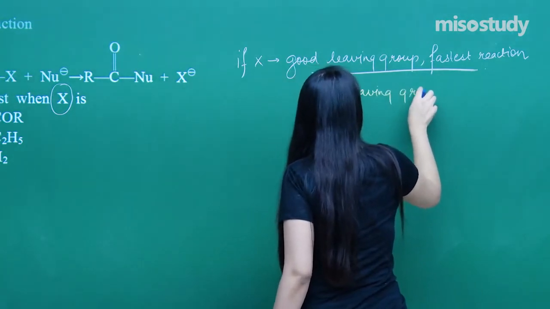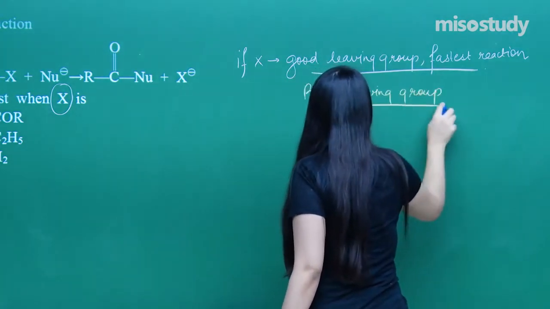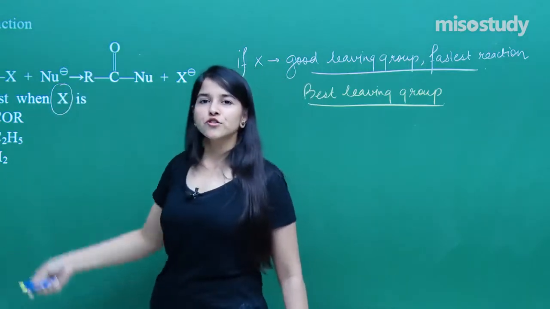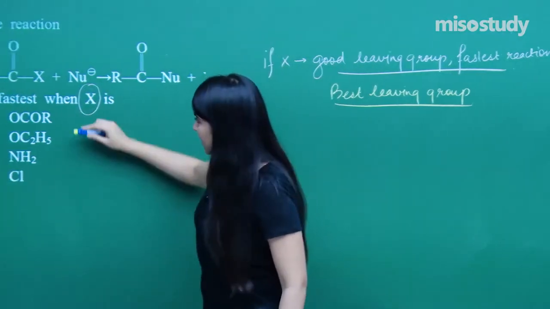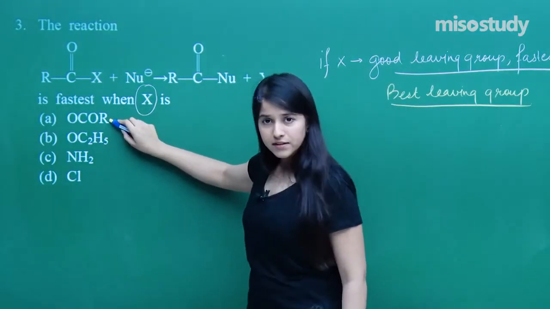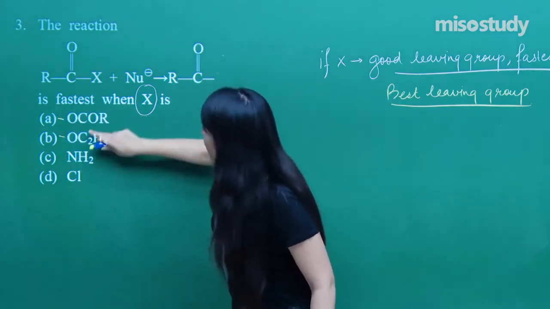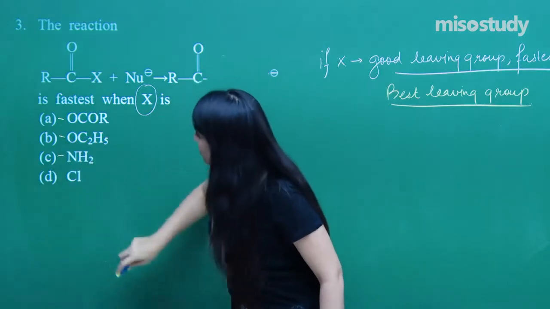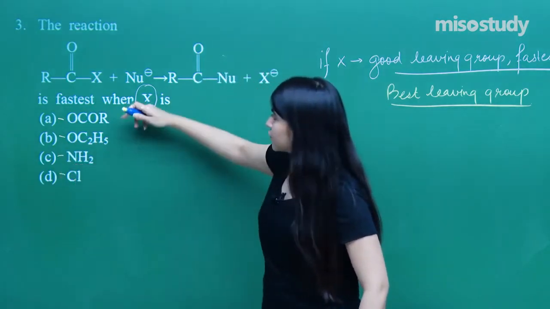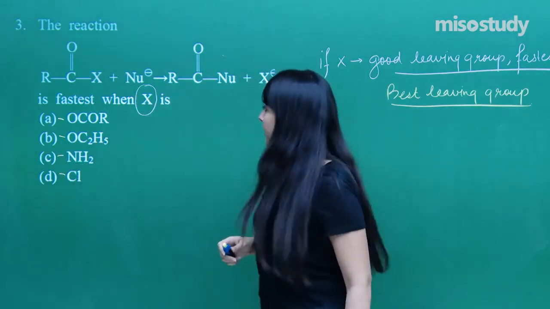It's a very simple question. Just by looking at the options, you can get the answer. Here I've got OCOR, that is one leaving group. These are the groups that may be attached here. I am representing this as a dash, which means these groups will be attached here.